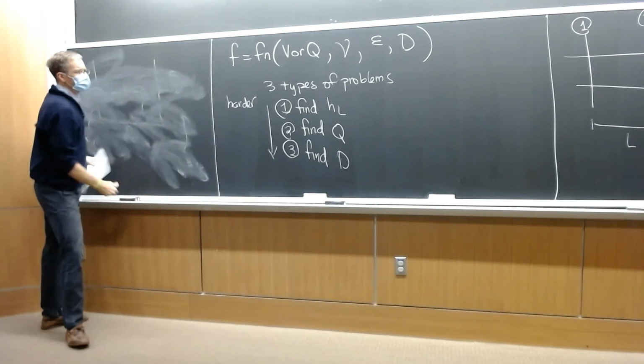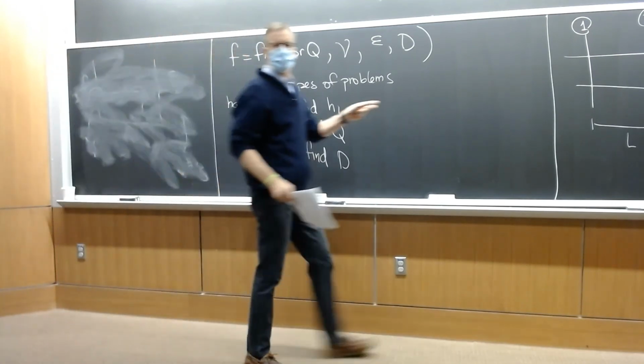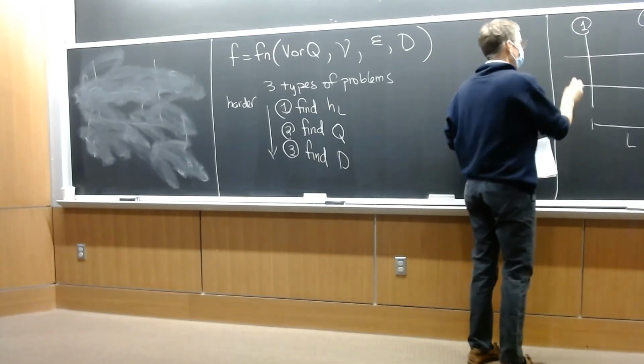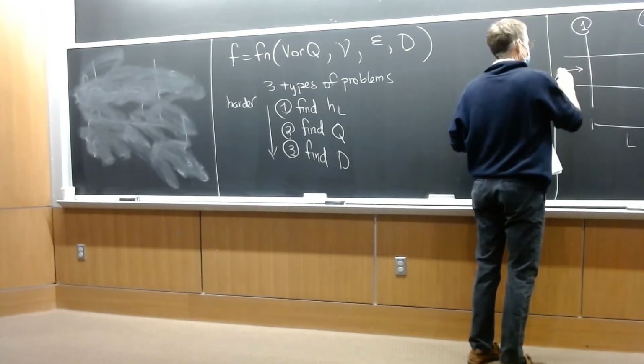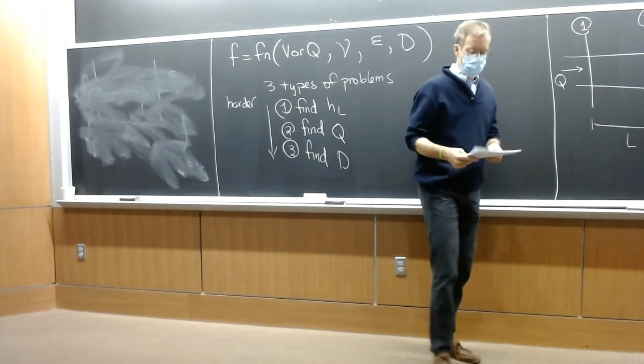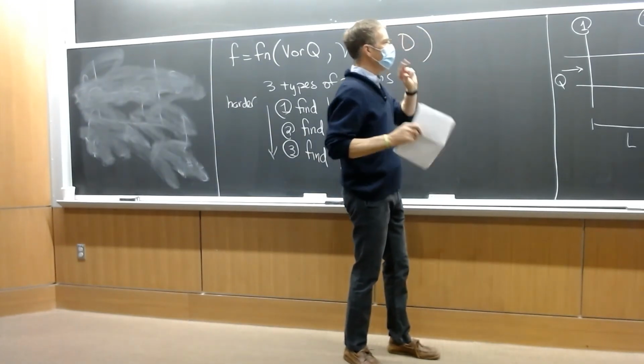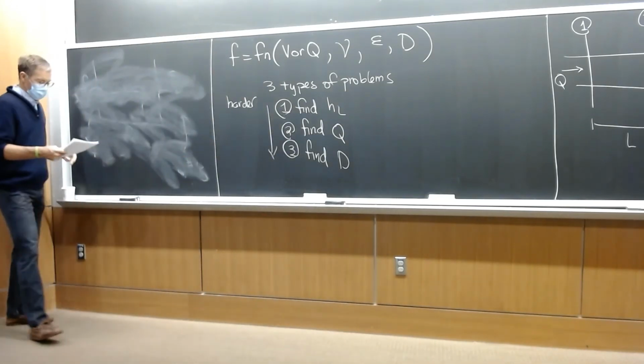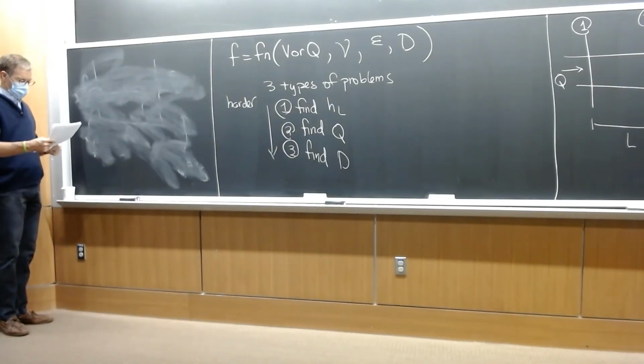What I intend to do is use this same generic problem, steady flow, no change in elevation, and then vary the things that are given and the things that we're going to try to find.